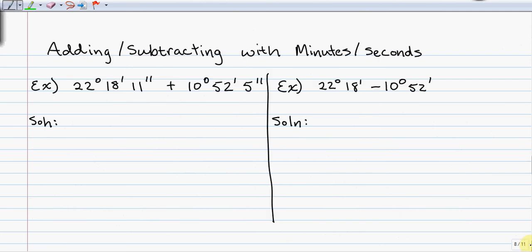Okay. So adding and subtracting with minutes and seconds. So all we have to do here is combine like terms, and we might have to round up. Okay, so for example, if we want to add 22 degrees, 18 minutes, and 11 seconds to 10 degrees, 52 minutes, and 5 seconds, let's line this up in columns.